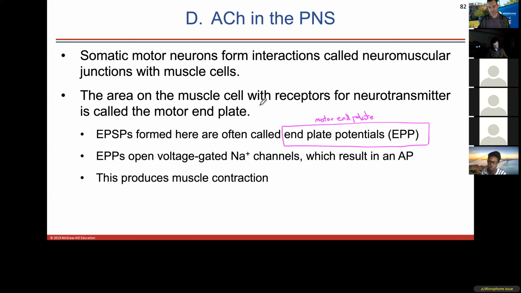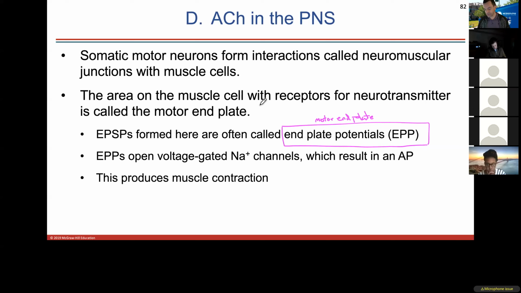EPP does the same thing. Sodium channels open. Sodium and potassium actually go through, but again, more sodium is entering, and that causes excitation, and that allows that action potential to now travel across the surface of the sarcolemma.